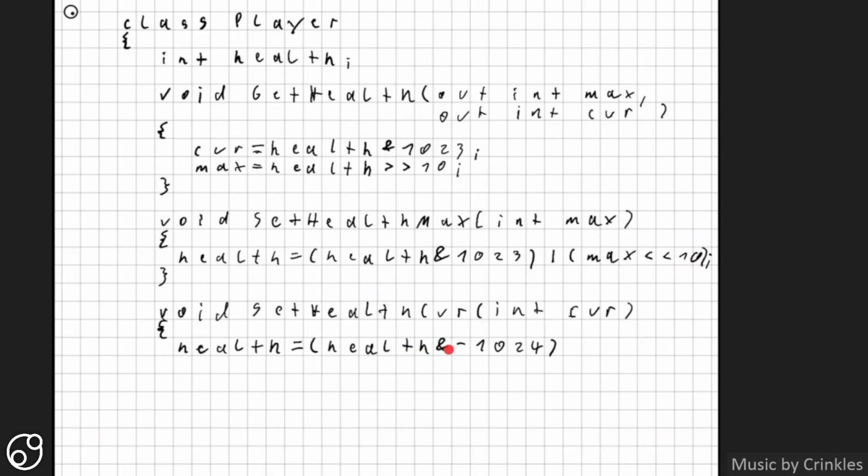So this means health and the lower bits are removed. And then we can just add the current health on top. And we could now make an AND with another mask to make sure that current doesn't override everything. I'm just gonna say that current will not exceed the target value.